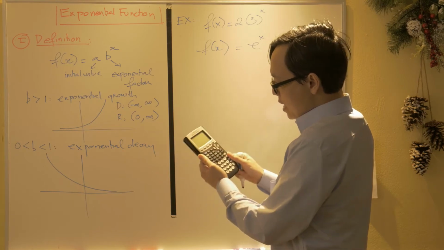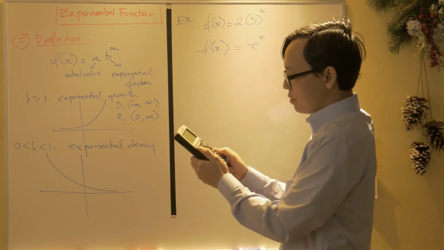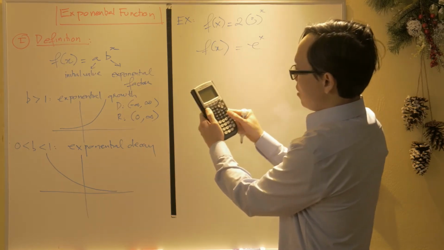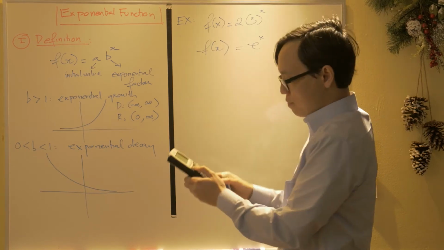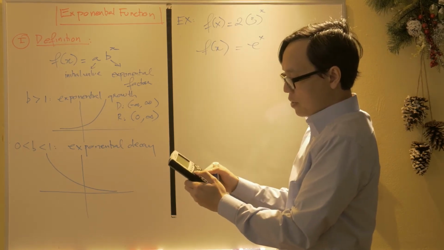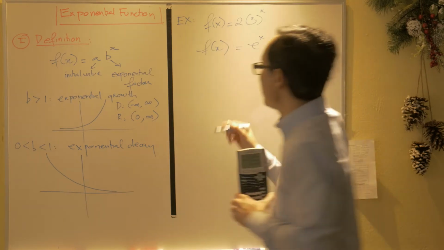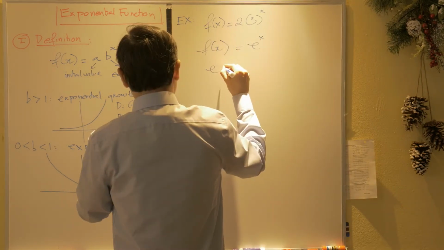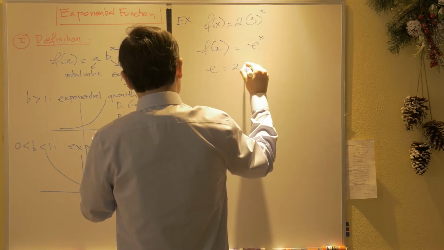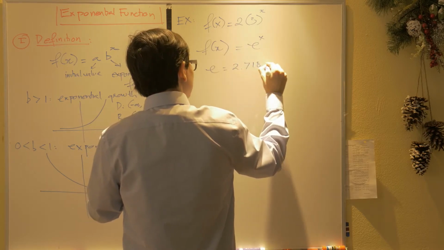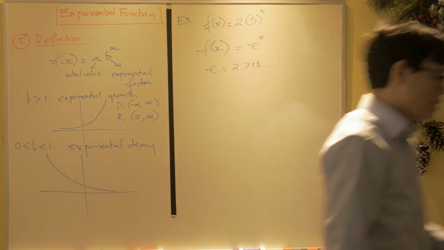So you can get the E from your calculator, right over here. E is about 2.7. If you type E in, your E number is 2.718. Okay, it's an irrational number.